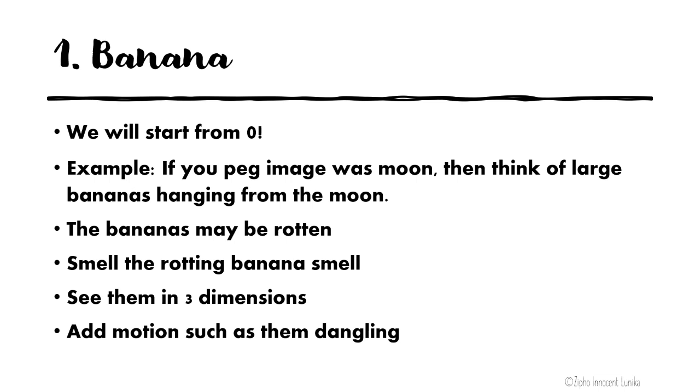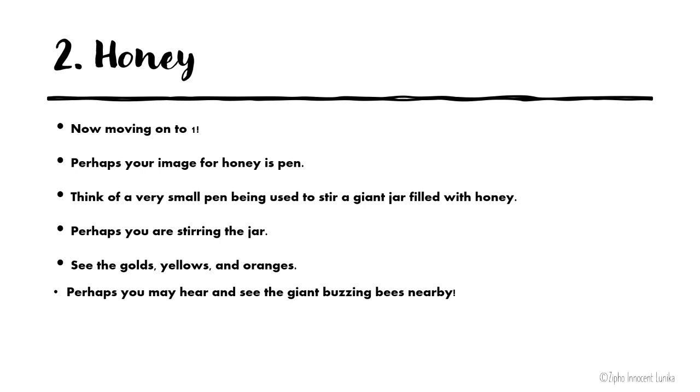Moving on. Now, number 2, think of honey. We have to store it in our peg for 1. So our peg for 1, let's just say, was the image of a pen or a pencil. I think of a very small pen staring at a very large, giant jar filled with honey.